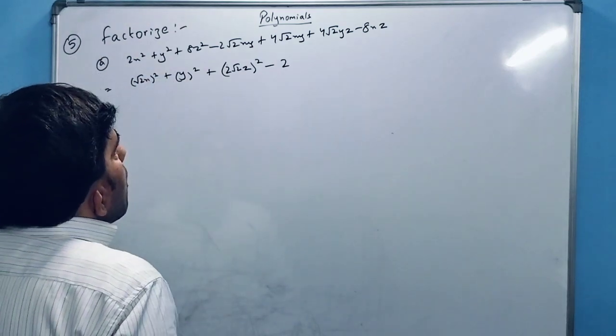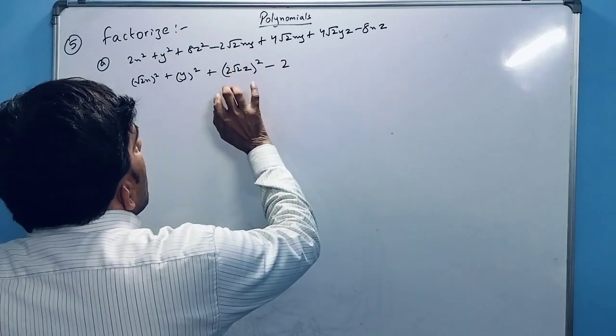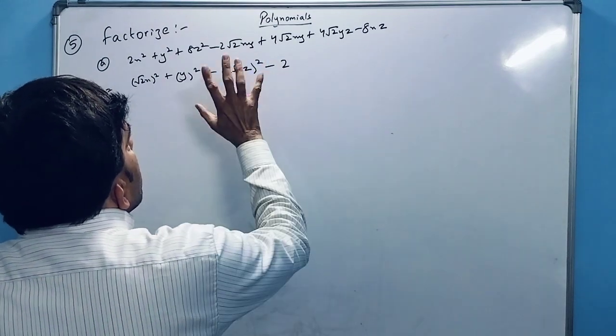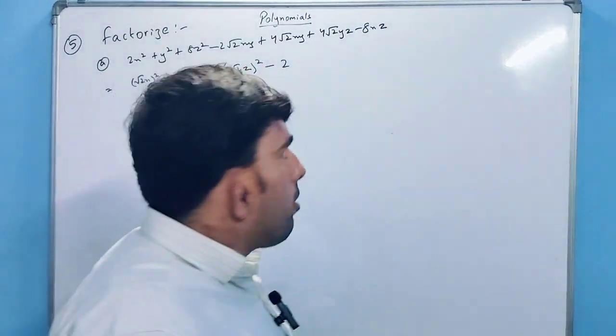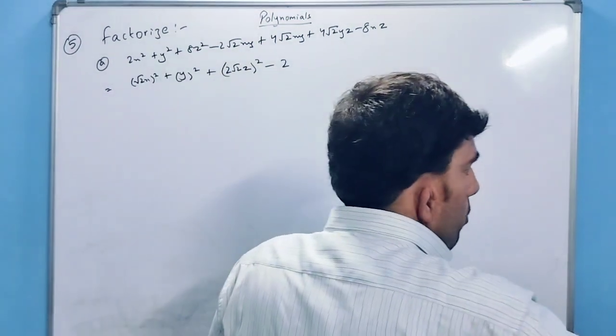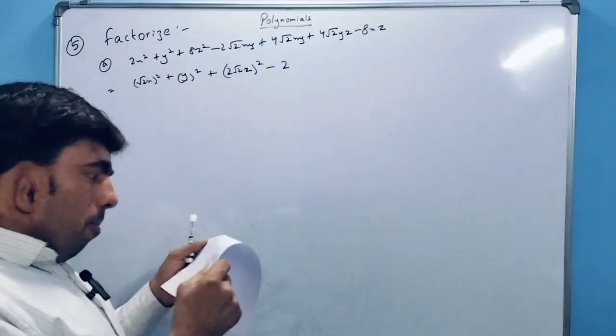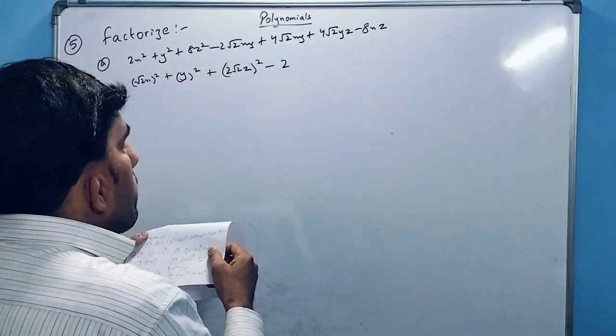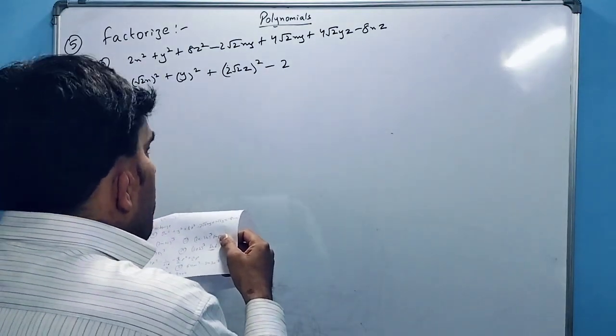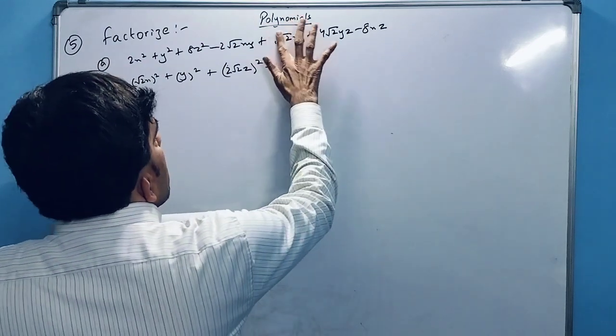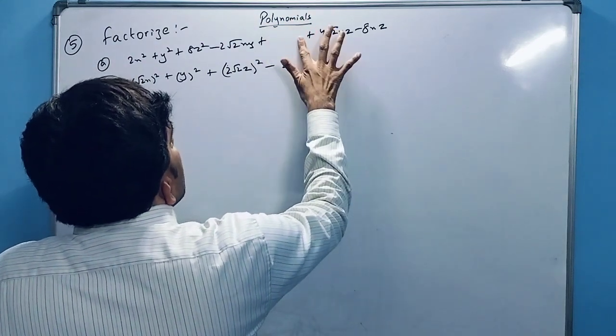So we will first write minus 2 root 2 xy, plus 4 root 2 yz. Okay, I have written that.